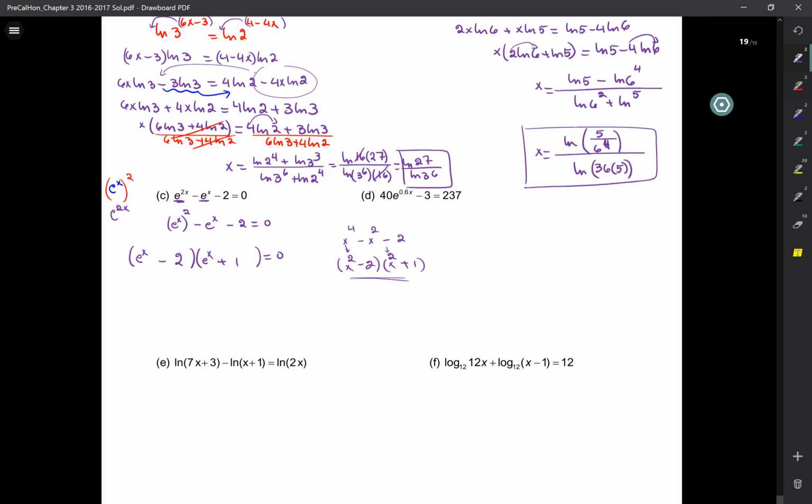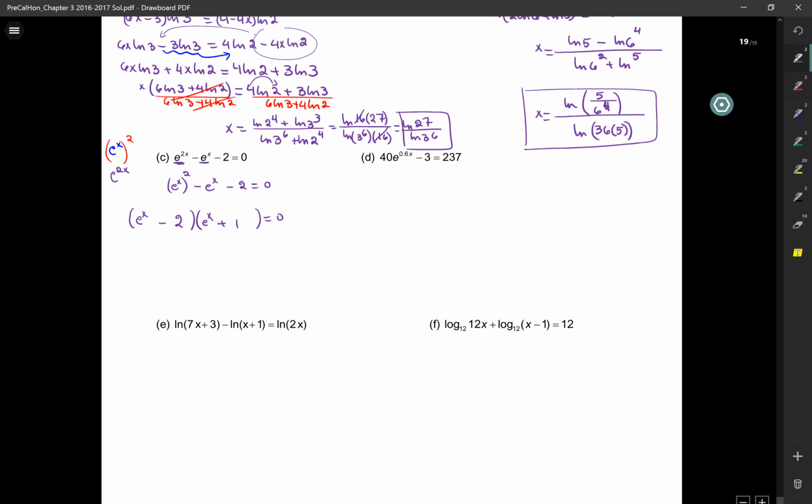Now, I need to solve these two mini little equations. So let's go ahead and do that. Here, I'm going to have e to the x minus 2 equals 0. e to the x equal to 2. How do you solve this? You take the ln of both sides.